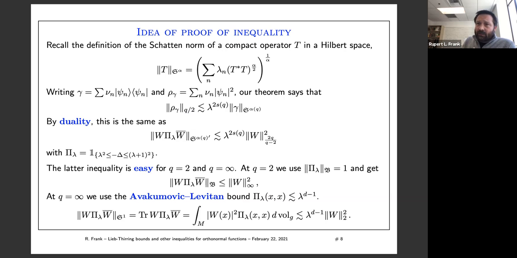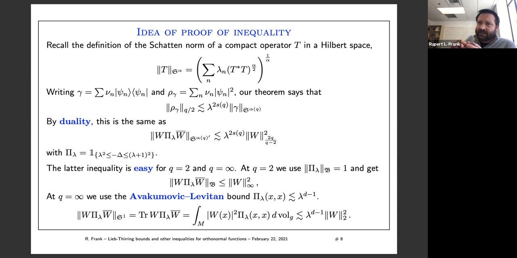Namely, you can use duality now, right? So in order to compute an L Q over 2 norm, you test against an element in the dual space. And because the function is non-negative, the element in the dual space that you test against can be assumed non-negative.